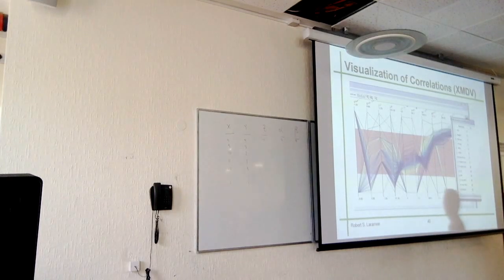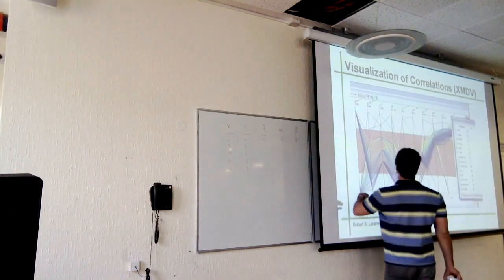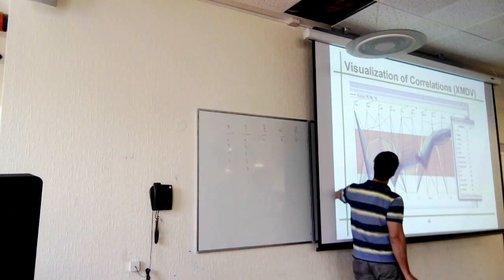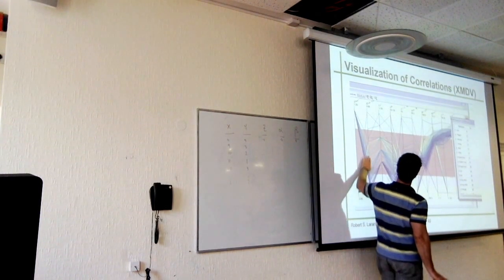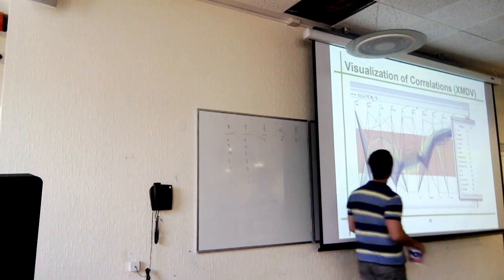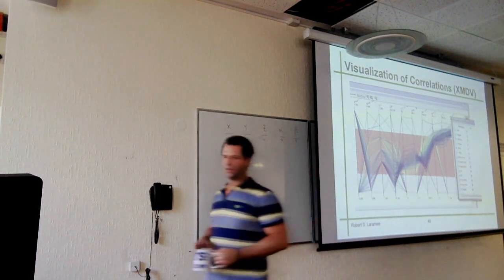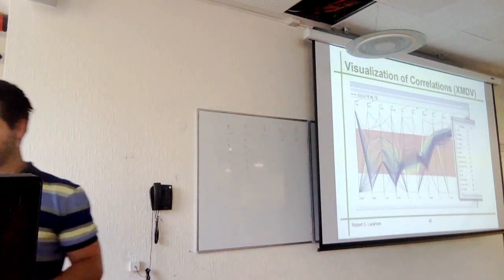So you can select polylines, for example, and interact with the visualization, but you can also apply a color map to facilitate tracking of the polylines across the different axes.